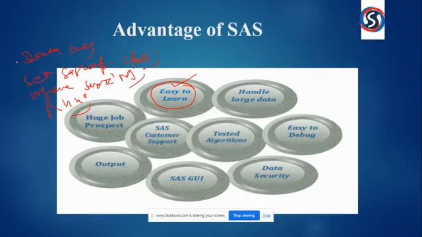Those who don't have knowledge of SAS, by reading this code, will see that this is the data we are writing, set. They don't have knowledge of this data and set, fine.